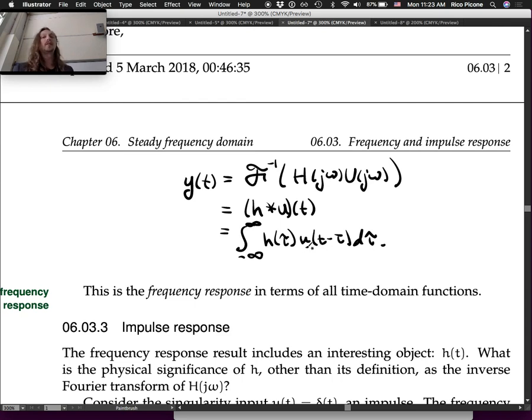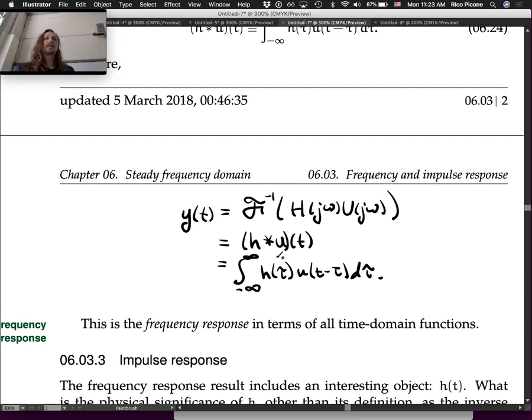You put in any input, and h is a weird thing. What is little h? What does that mean? It's the inverse Fourier transform of the frequency response function, right?